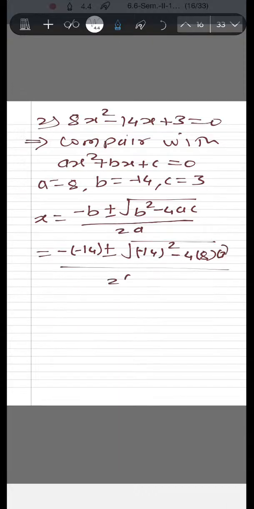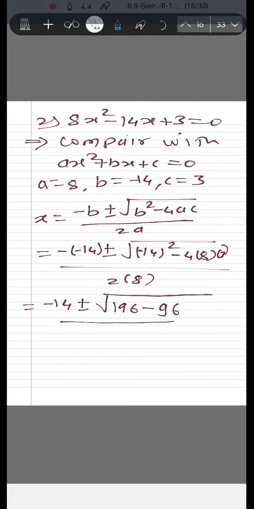So 2a is equal to 16, which is equal to minus 14 plus or minus square root of, what is the square of 14, which is 196, and here the value of this multiplication, 8 fours are 32, 32 threes are 96, and 8 twos are 16. Just try to simplify it so you can get the answer.